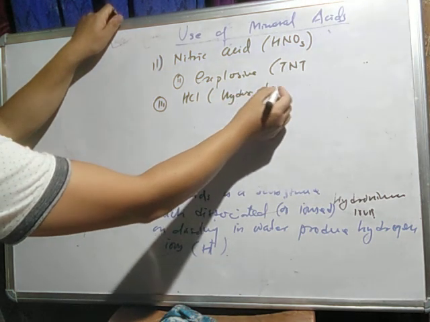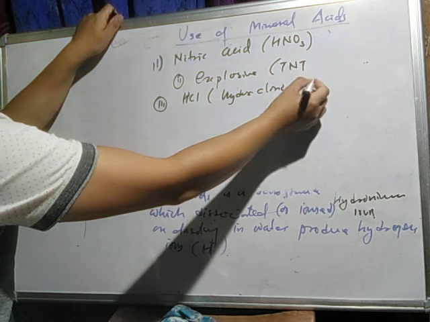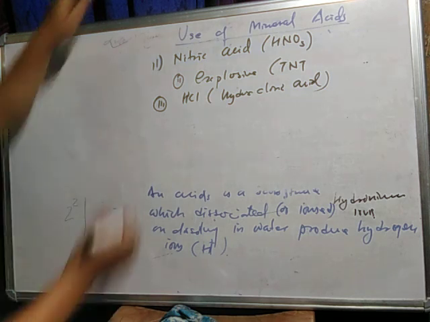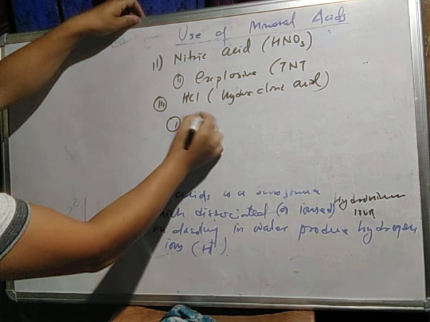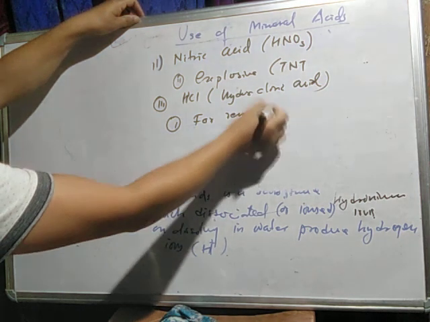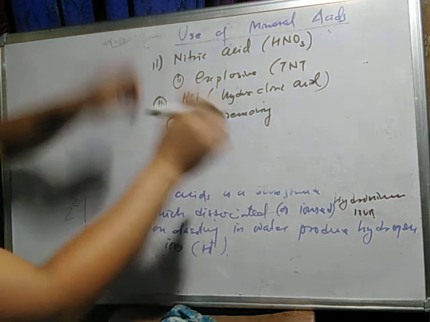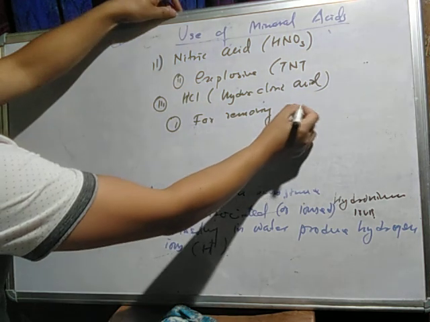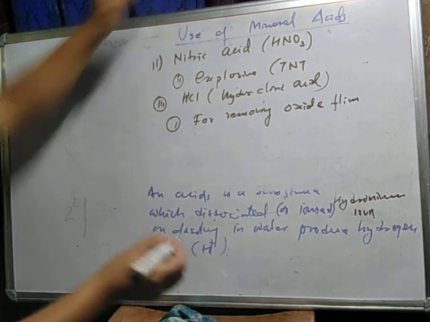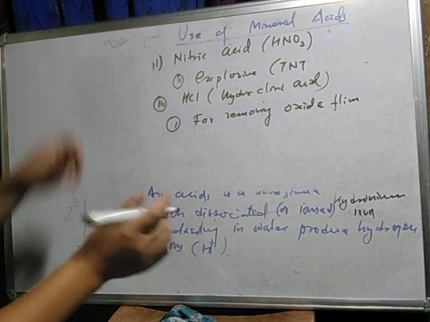So hydrochloric acid is used for removing the oxide film from steel.